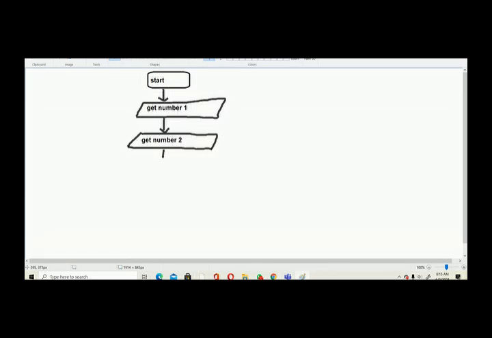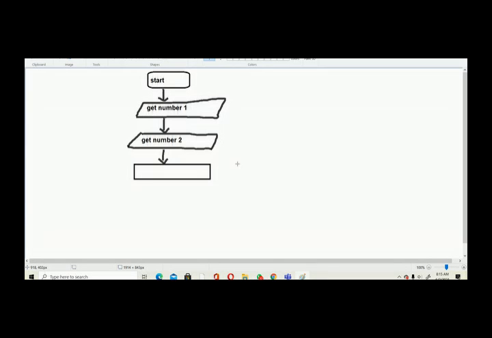Okay, now you have got the numbers. Now what are you going to do? We have to process it in a rectangle. So what is your process, what is your formula? Add the two numbers. Yes, that is how you put it in words. But if you are writing a formula, what is it? We will take the answer.